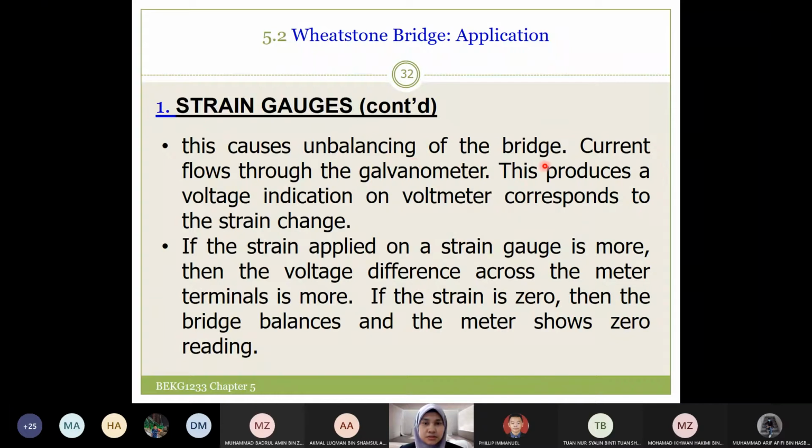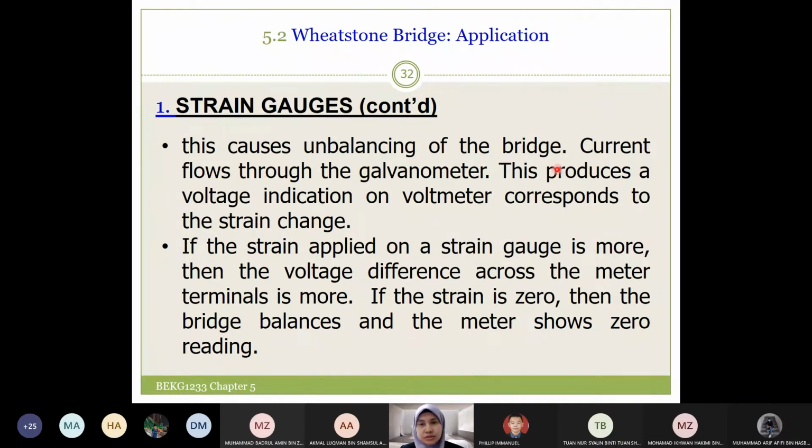Okay, so when R is increased, the bridge will be unbalanced. Okay, instead of balanced at the beginning, when we apply stress, the resistance will increase, and then the bridge will be unbalanced.